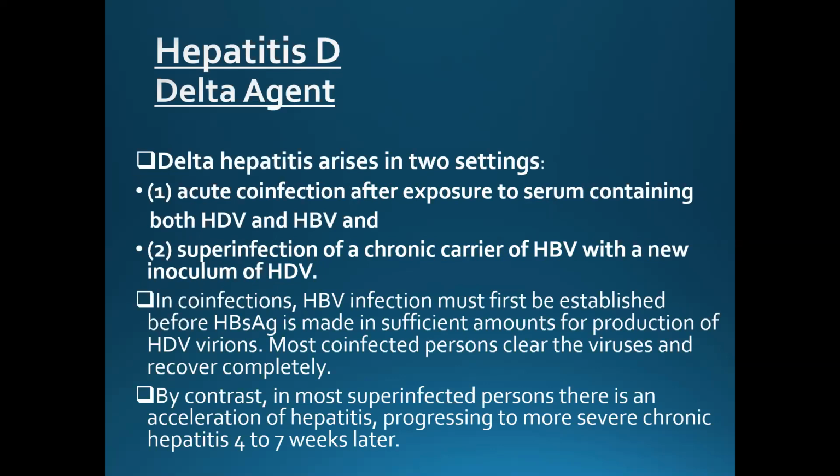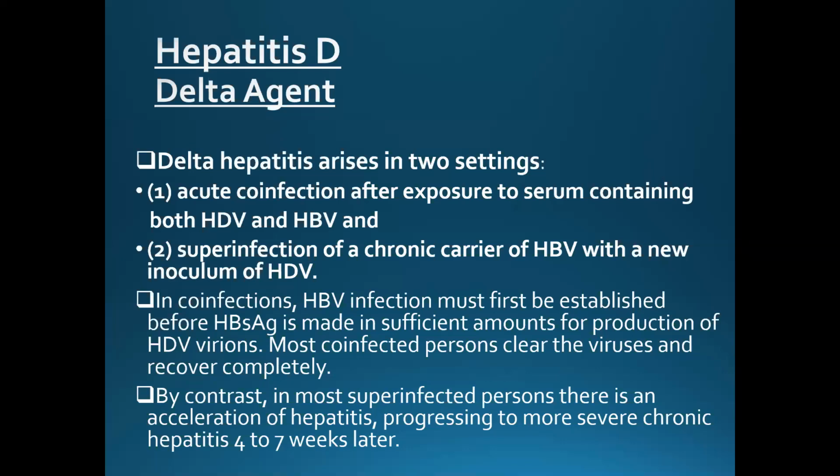One of them is a co-infection with hepatitis B, for example, the serum containing both viruses. Or actually, there is a superimposed infection, if you will. So the patient already has hepatitis B, and then on top of it, he acquires the hepatitis delta antigen.